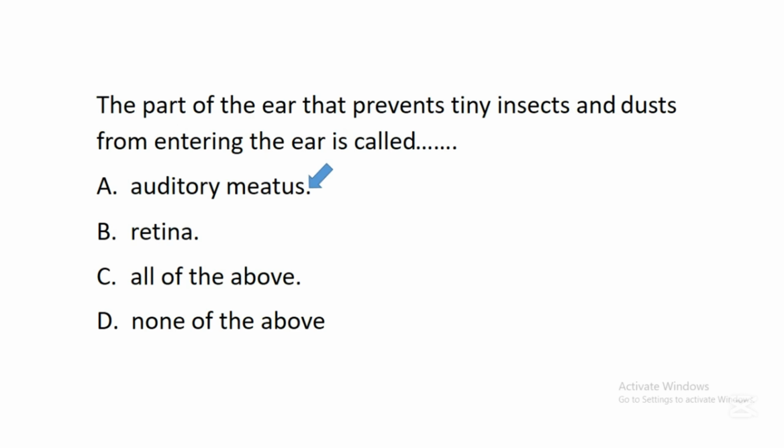But when some organisms like these tiny insects get into the ear, they will not survive, because this structure will release some secretions that will even kill those organisms before they get to the parts of the ear that are very sensitive. So this structure plays a great role in ensuring that the ear remains healthy.